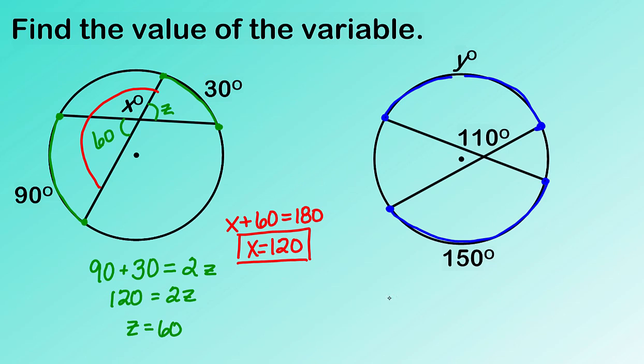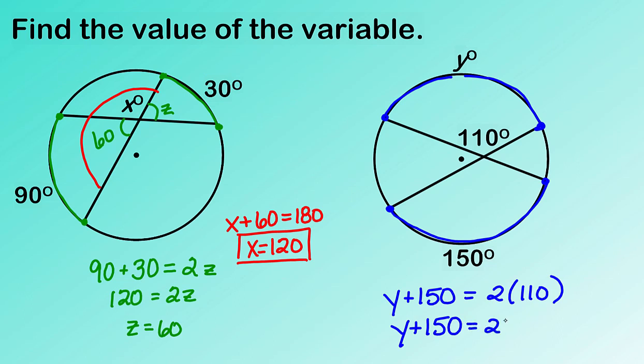Okay, so I'm going to say that y plus 150, the sum of the arcs, is equal to 2 times 110. y plus 150 is equal to 220. y is equal to 70. So I write out the equation the same way, but now y is an arc.